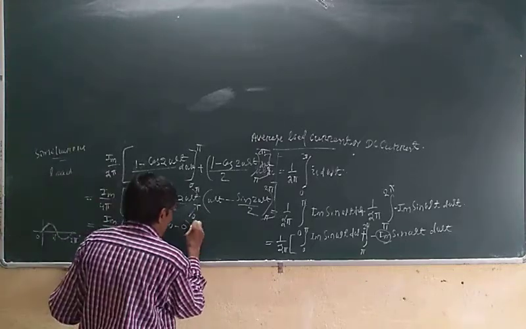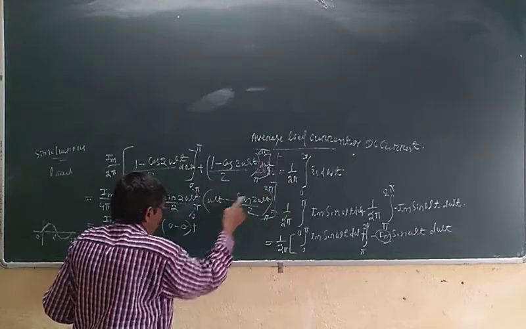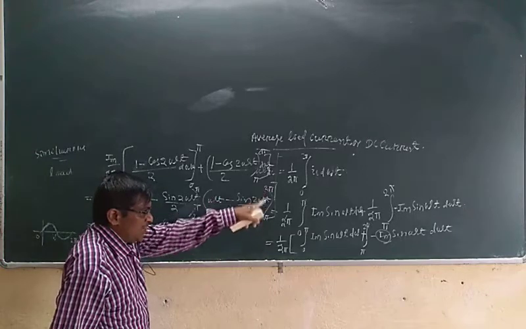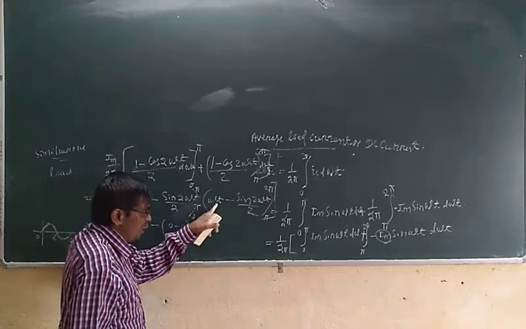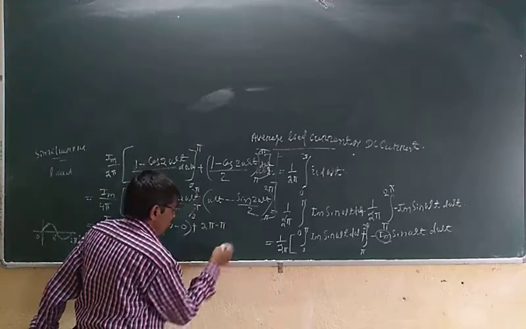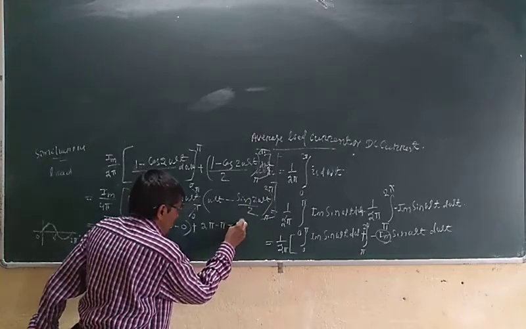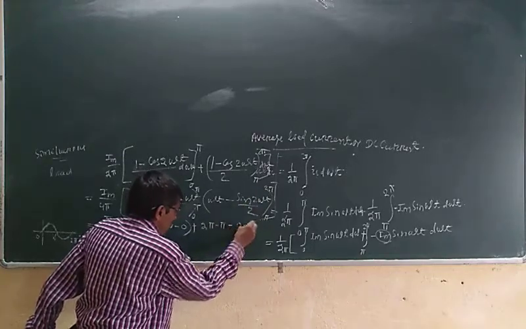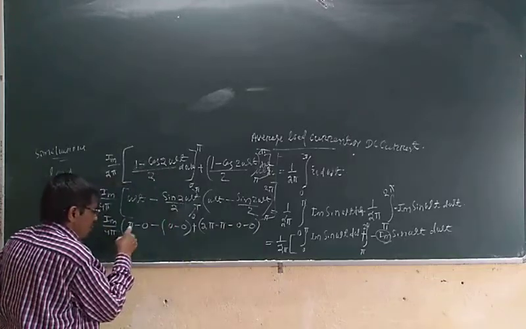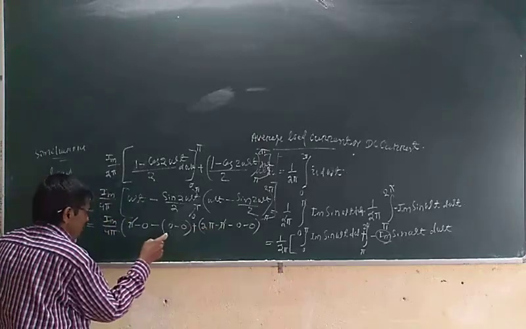Again plus, for 2 pi omega t we put this limit: the upper limit is 2 pi and the lower limit is pi. Then 2 pi minus pi, minus sin 2 pi, that is 0. Sin pi is 0. So here this is pi and this is minus pi. This cancels. Then 2 pi.